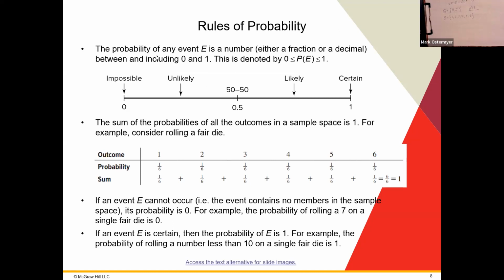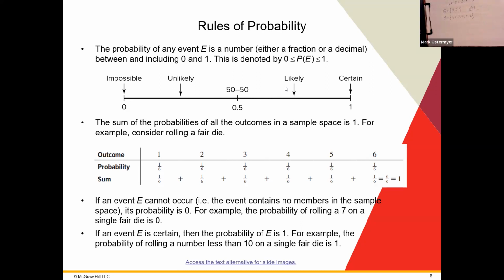All right, the probability of an event, any event E occurring, again, must be a decimal or a fraction between 0 and 1. And if the probability of some event E occurring is 0.5, we would say there's a 50-50 chance of that event occurring. Any probability that's less than 50% or 0.5 is deemed to be more unlikely to occur.